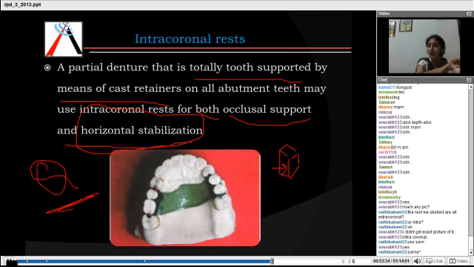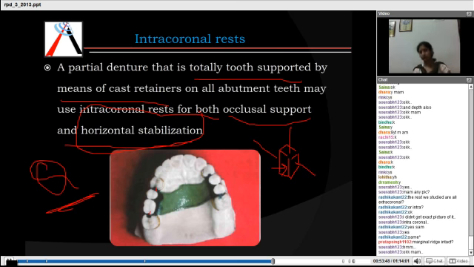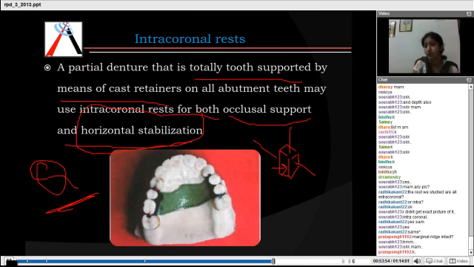Intracoronal, inside the crown. So it is more aesthetic and it also helps in providing horizontal stabilization because it is covered from all sides. The rest will not get displaced. The marginal ridge is intact. Okay? Now understood? That's a modification.